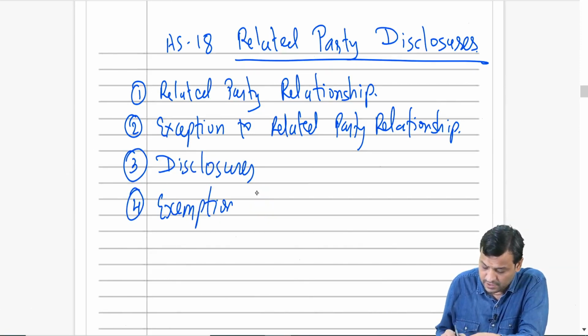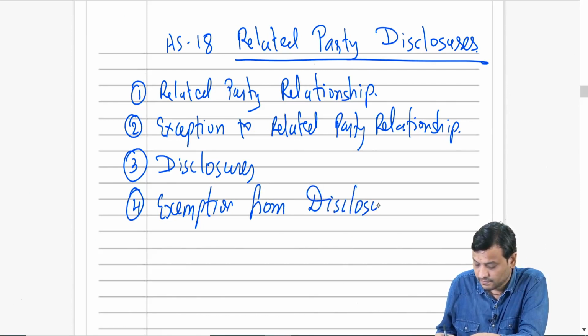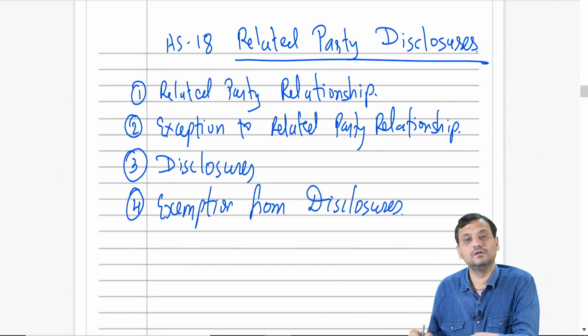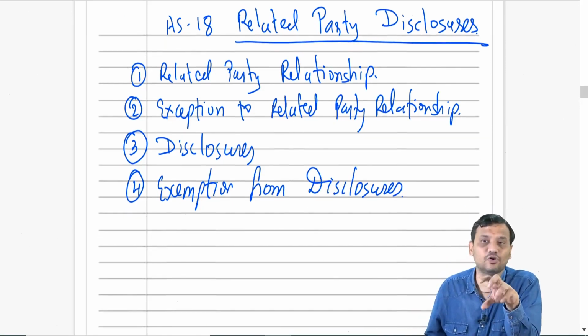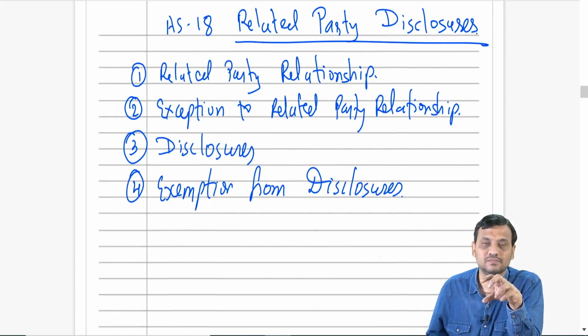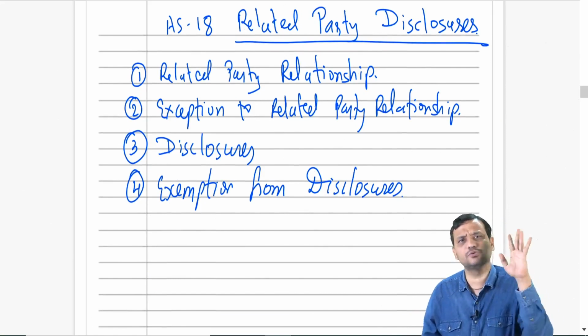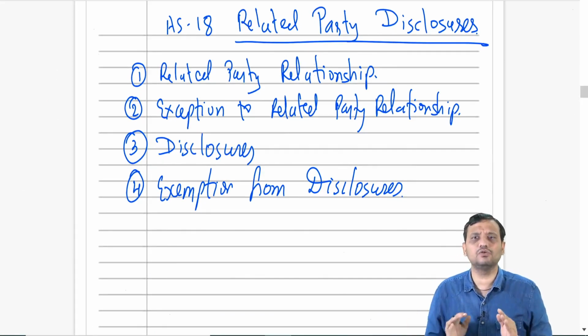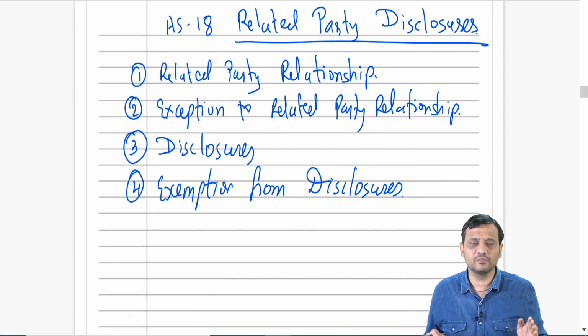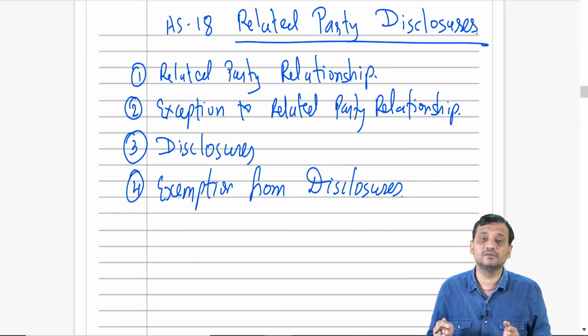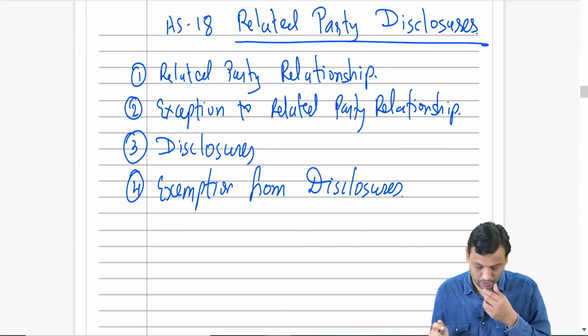Now my dear students, basically this standard's focus is on transparency. A disclosure standard, this is a pure disclosure standard, it only talks about disclosing the relationships which you have, means those who are your related parties, and the second thing is what is to be disclosed, that is the disclosure.